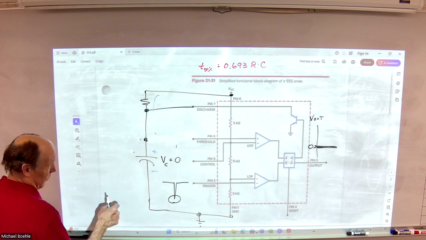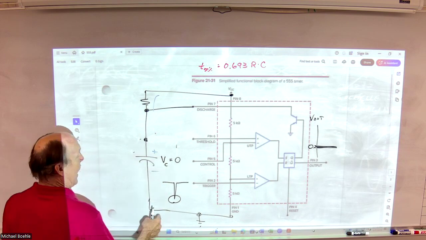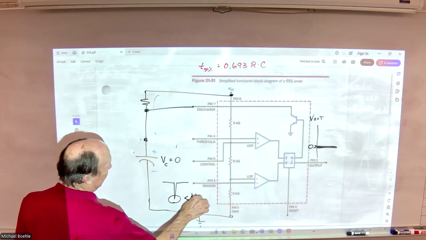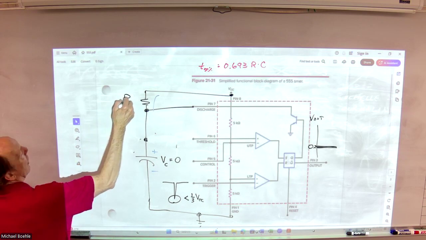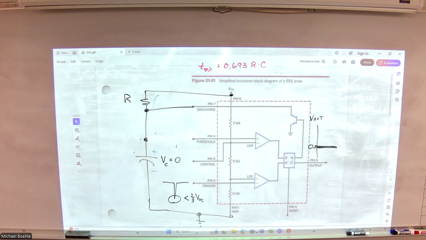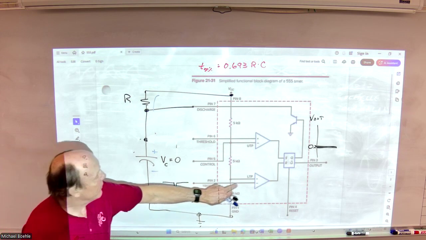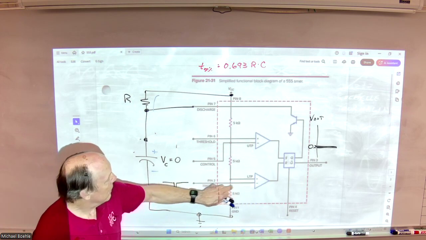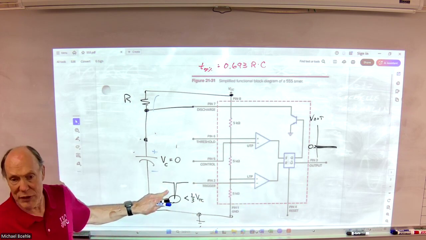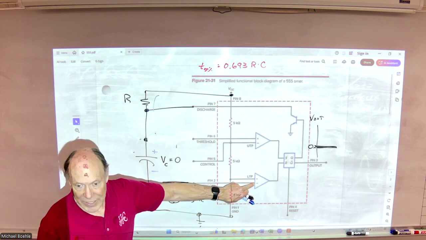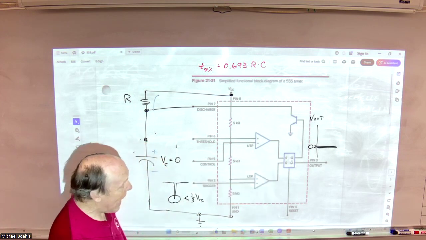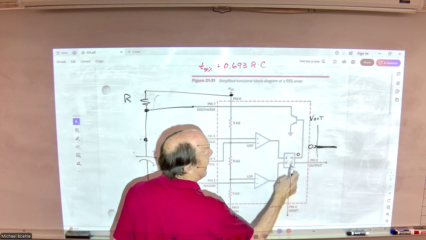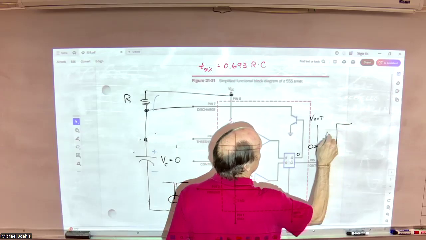Now, when I trigger here, this has to be less than 1/3 VCC. If I get below 1/3 of VCC, this could be a very short, brief pulse, just enough to activate that comparator, reset. So now, when I reset, Q goes low, not Q goes high.